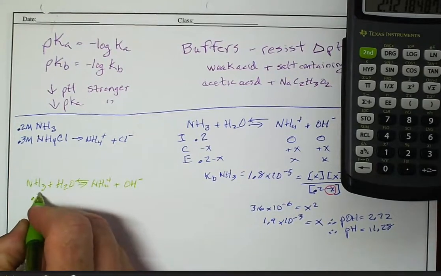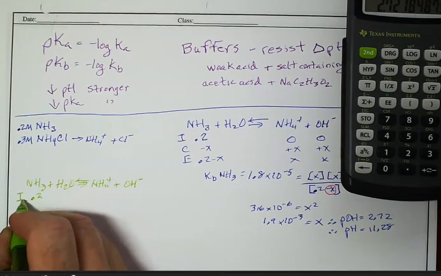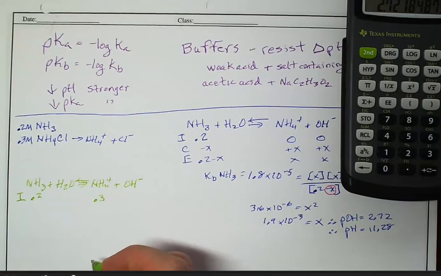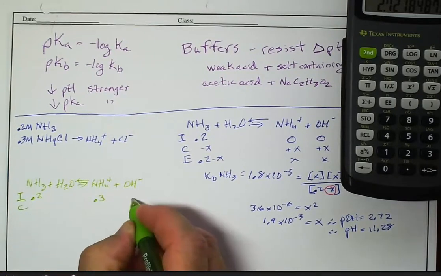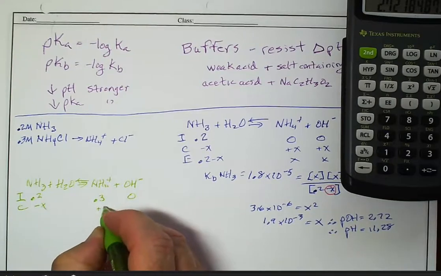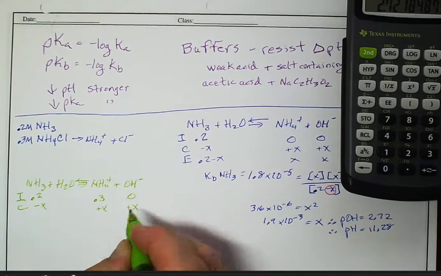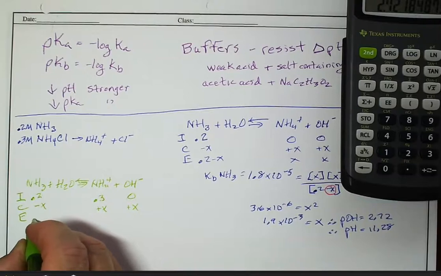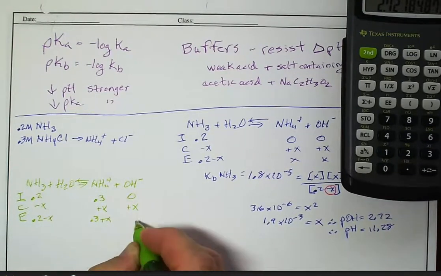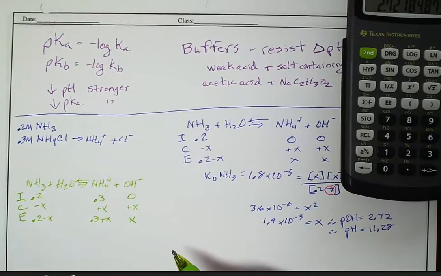And this is going to start at 0.2, but this is going to start at 0.3. And this starts at 0. So this goes down by x, this comes up by x, this comes up by x. And at equilibrium, we're at 0.2 minus x, we're at 0.3 plus x, and we are at x.